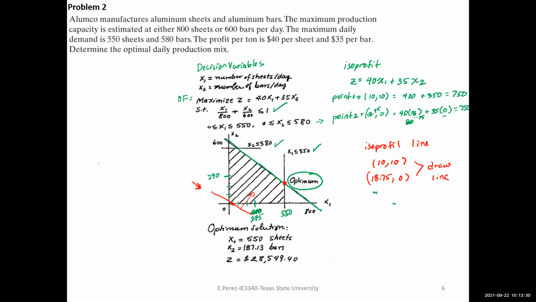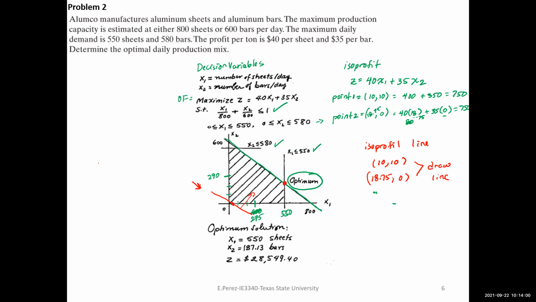So again, this is similar to that lab that we did in class for the trucks. Same strategy. The optimal solution. 550, yes, because we have a limited number, the maximum number of sheets that you can produce is 550.